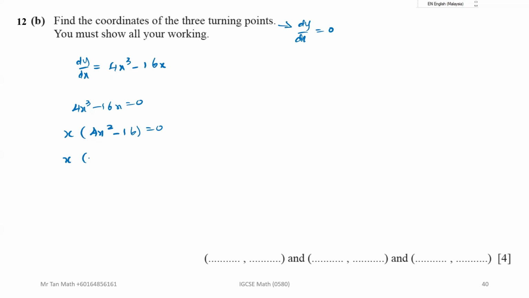We get 4 times x squared minus 4. Okay, so you have x, 2x plus 4, 2x minus 4. So your x will be x equals 0, and then negative 2 and 2.